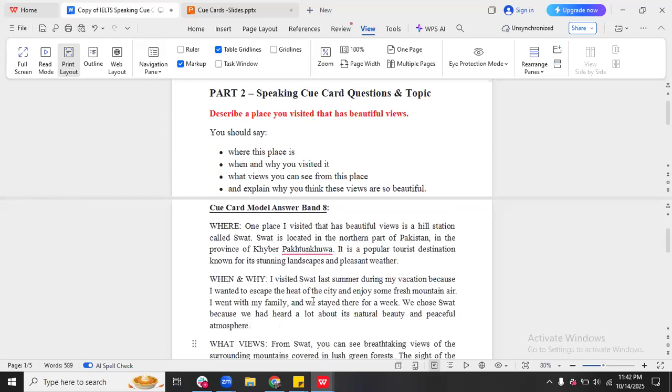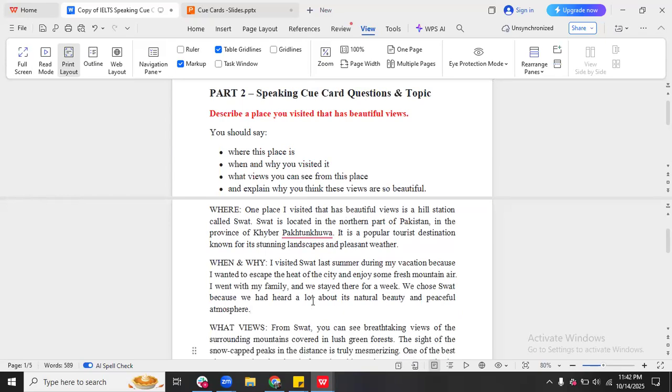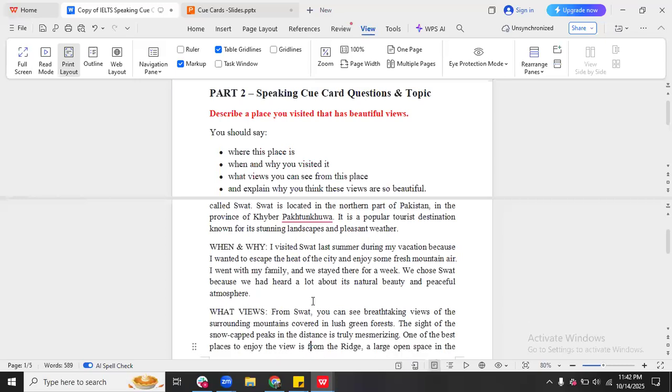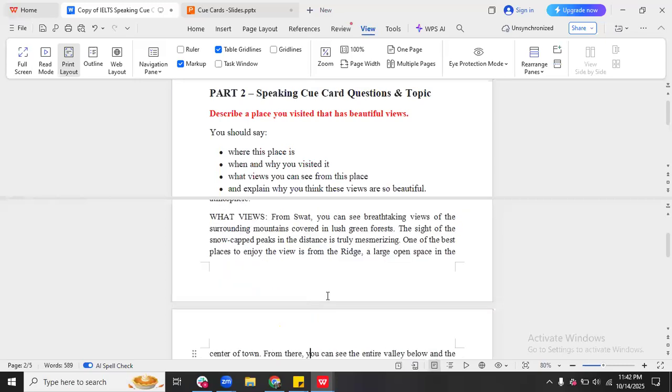And why you chose it. We chose Swat because we heard about it a lot: its natural beauty, peaceful atmosphere. What views can you see from this place? From Swat, you can have breathtaking views of surrounding mountains, lush green forests, snow-capped peaks, a mesmerizing view.